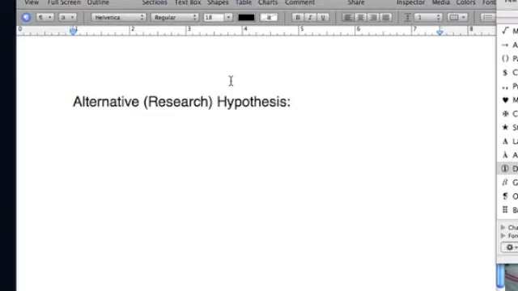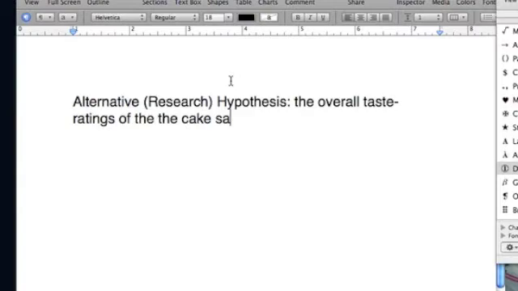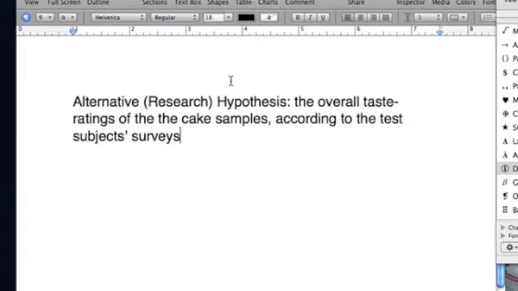So for Morgan's experiment, I would say that the overall taste ratings of the cake samples, according to the test subjects' surveys, right? Because that's explaining where we're getting our numbers from. Differ. We can't say greater or smaller because we don't know.